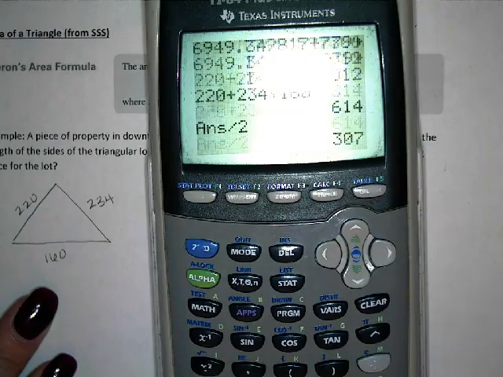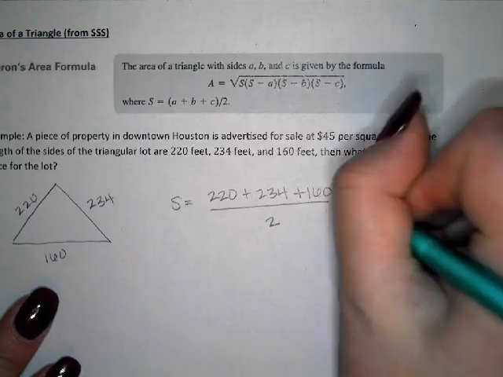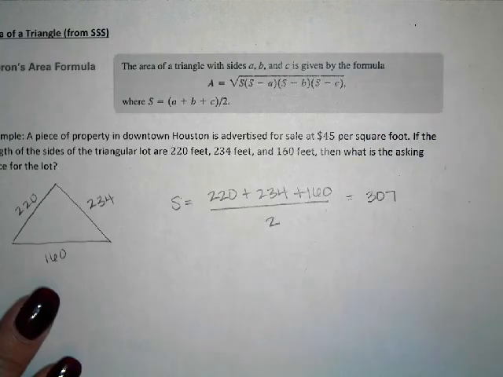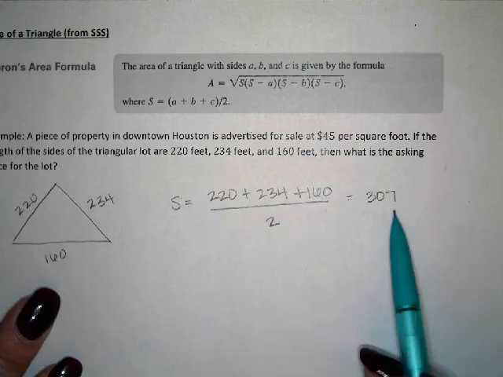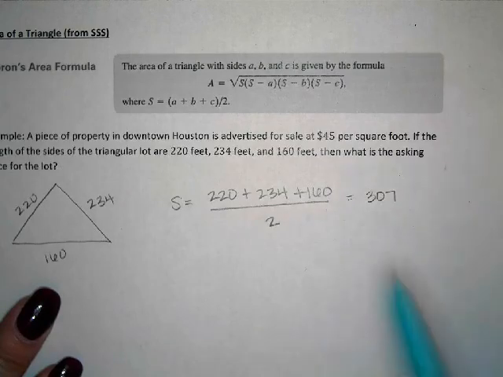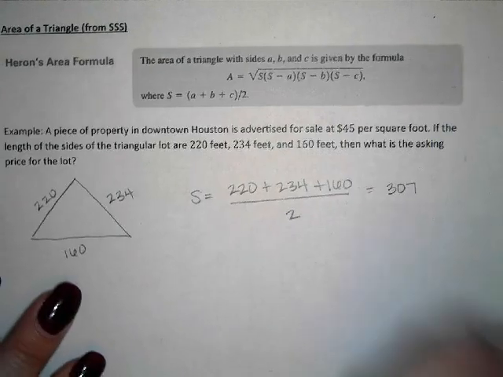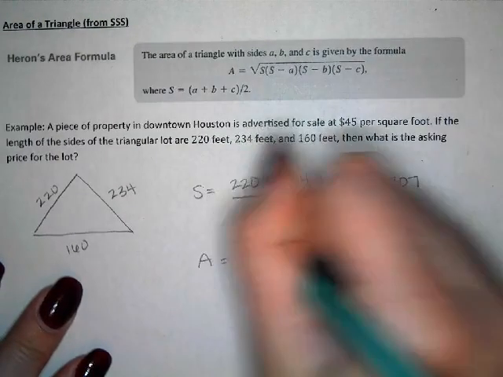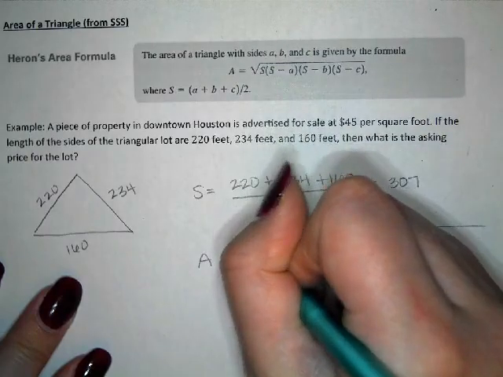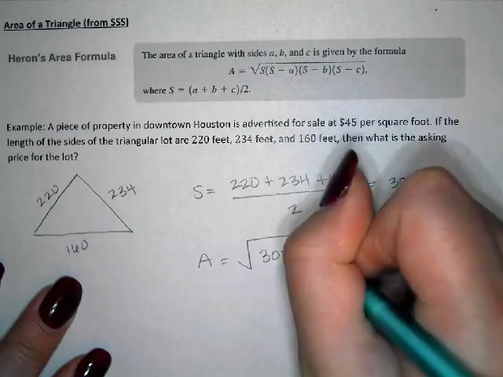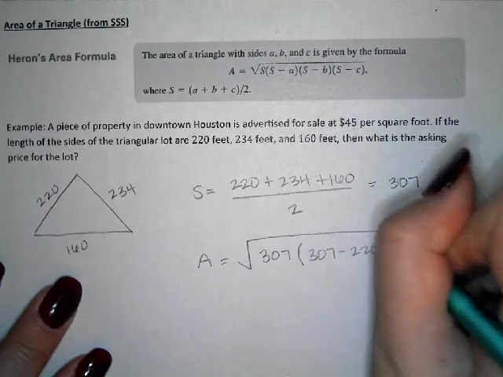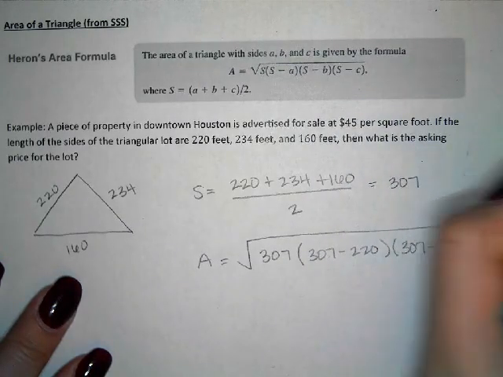If you wanted to make this easier for yourself to type, you could even store this as a letter so you don't have to type 307 each time you use it. It doesn't really matter. So this formula is going to be 307 times 307 minus 220 times 307 minus 234 times 307 minus 160.